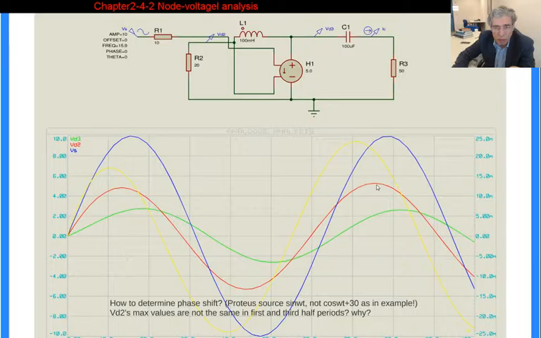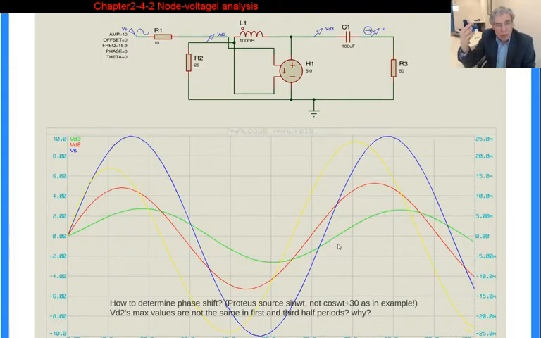For the red one, the time difference between those two peak values is the period. For the green one, you can find the period. The inverse of the period is the frequency, so you're going to see all these signals' periods are the same, so their frequencies are also the same. This is what we expected to see.